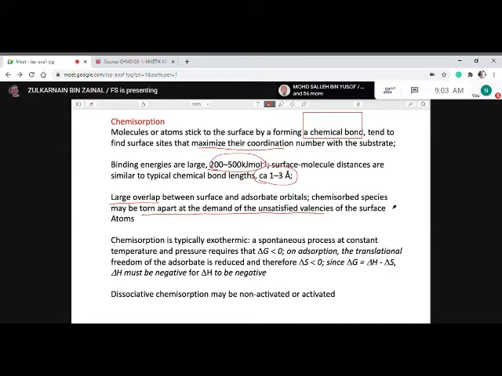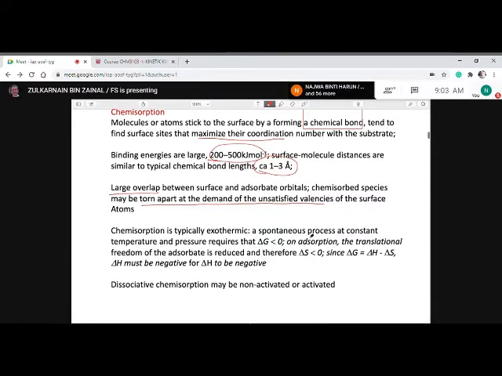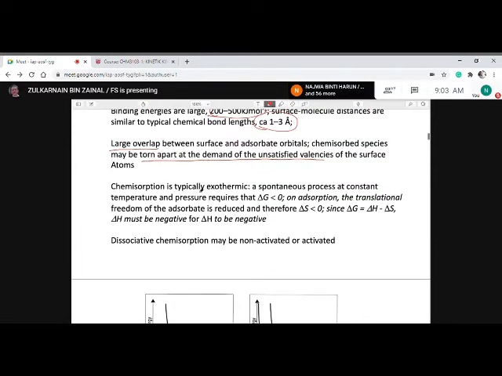So they probably bond breaking occur, and the material is torn apart. So chemisorption is basically exothermic. It's a spontaneous process, right?